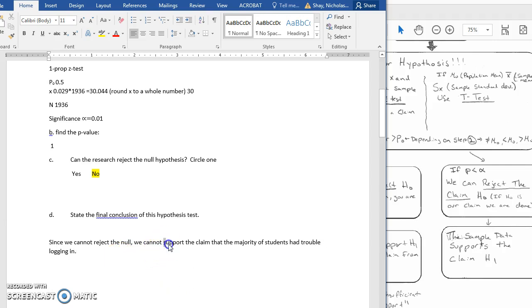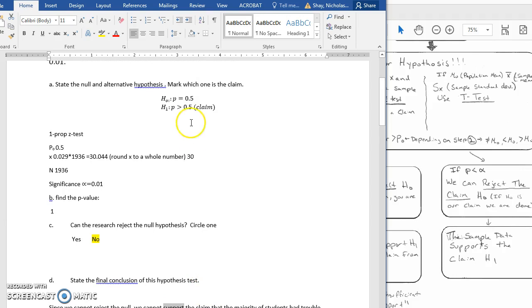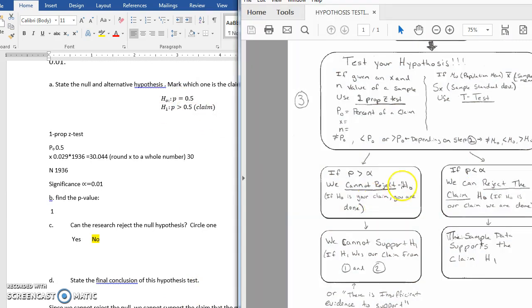So we had to use the word support in our final conclusion because H1 was our claim. If H1 is our claim, we're going to say we cannot support the claim.